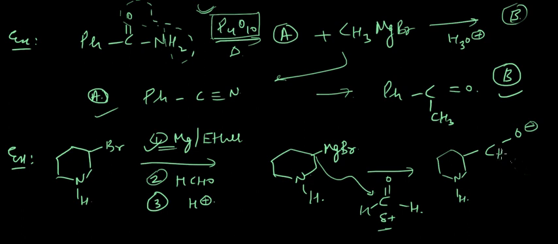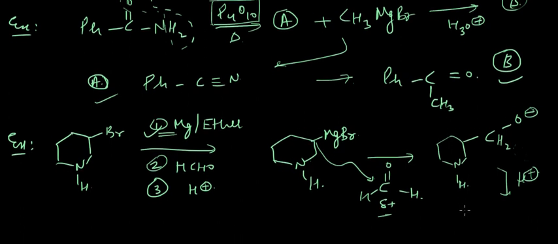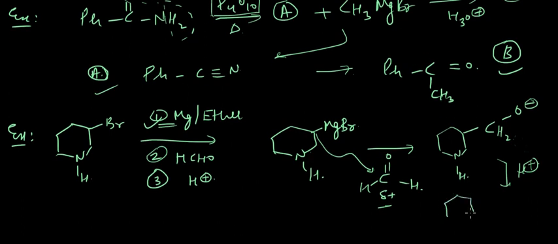Okay, so next what will happen is, third we are hydrolyzing it. So what would be the product that should be formed? The product would be something like this and CH2OH.